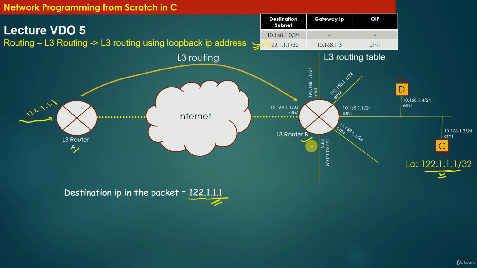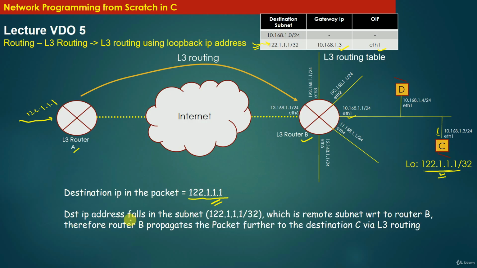So the L3 router decides to forward the packet towards the next hop IP address 10.168.1.3, that is this IP address, and the outgoing interface is Ethernet 1. So the destination IP address in the packet falls in the subnet 122.1.1.1/32, which is actually a remote subnet with respect to router B. And therefore router B propagates the packet further to the destination node C via L3 routing.